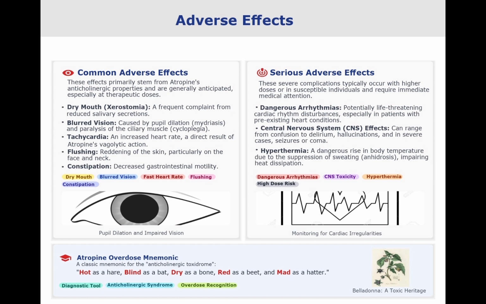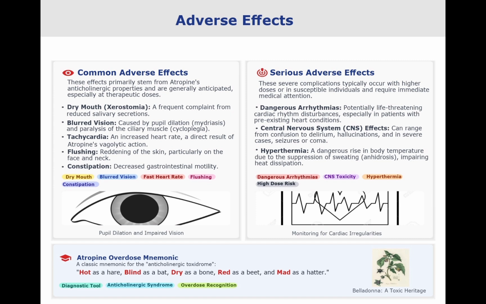These include potentially dangerous cardiac arrhythmias such as ventricular tachycardia and fibrillation, which can be life threatening. Due to its ability to cross the blood brain barrier, atropine can induce significant central nervous system effects ranging from restlessness, agitation, and confusion to profound delirium, hallucination, and even coma, especially in the elderly.